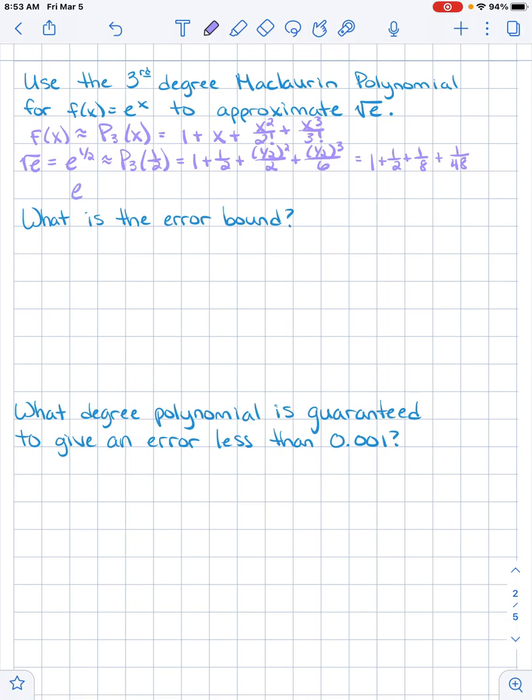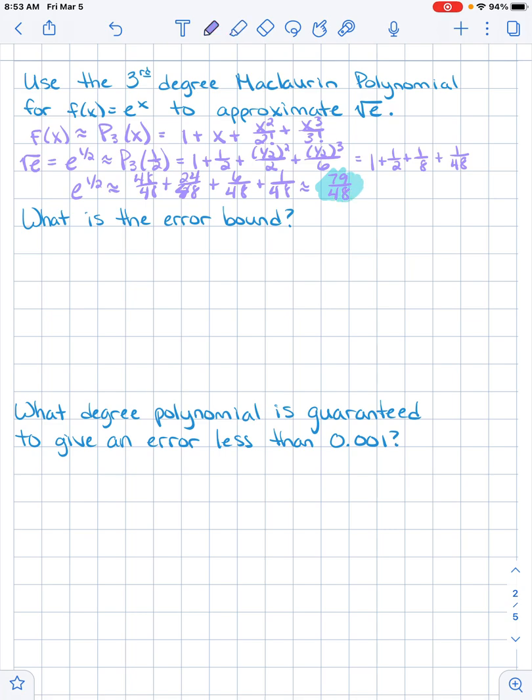If I get a common denominator, then e to the 1/2 is approximately 48 over 48 plus 24 over 48 plus 6 over 48 plus 1 over 48. So if I add those, 48, 72, 78, 79 over 48 is approximately what e to the 1/2 is going to be. So here's our approximation using the Maclaurin polynomial.